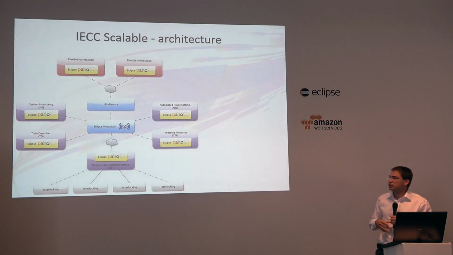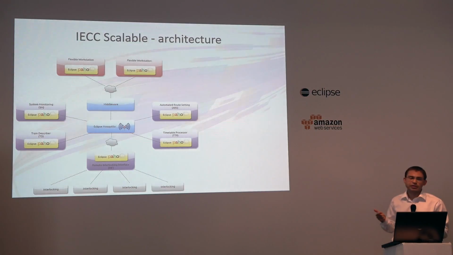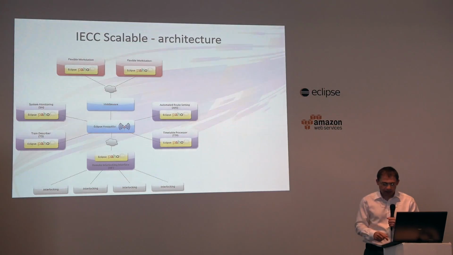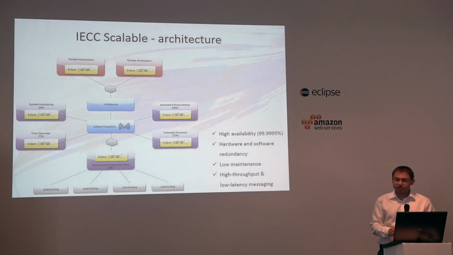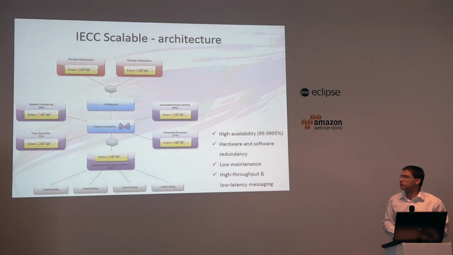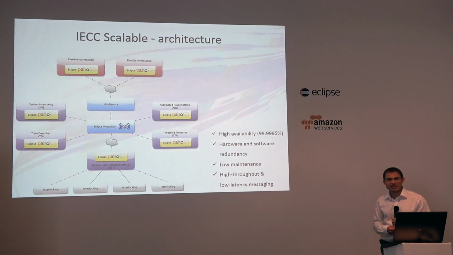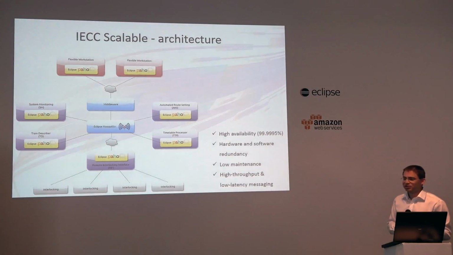So we've got self-monitoring and to some extent self-recovery, which then leads into our high availability target. So we've got quite a tight target to achieve to make sure that everything runs as you would expect.